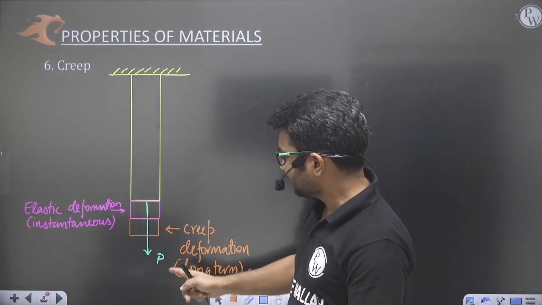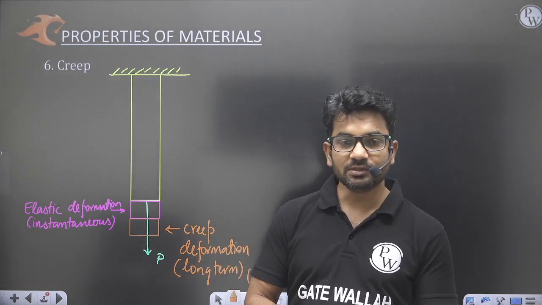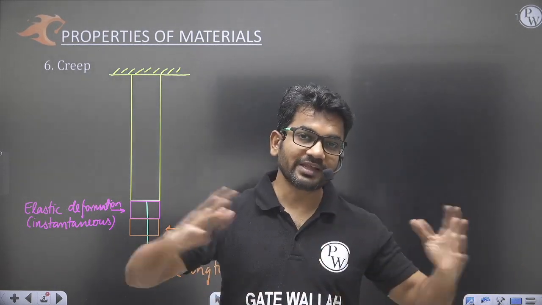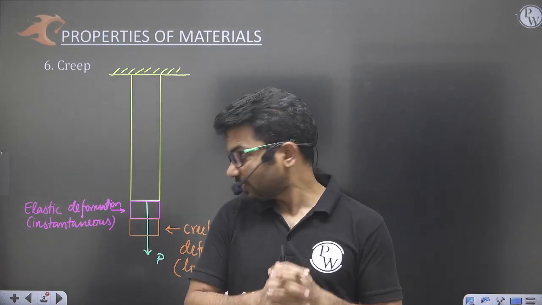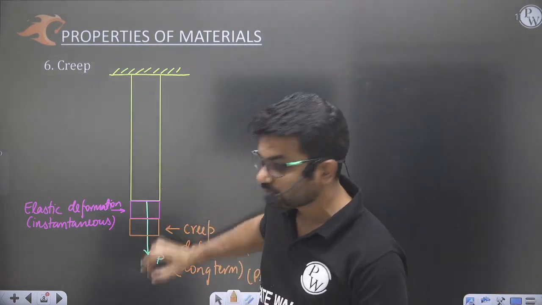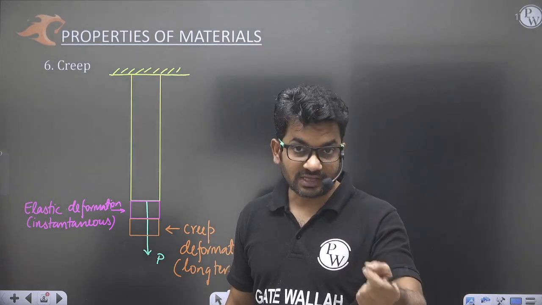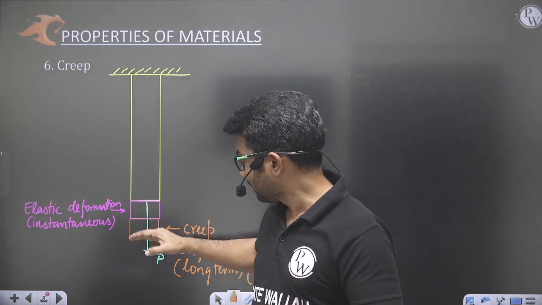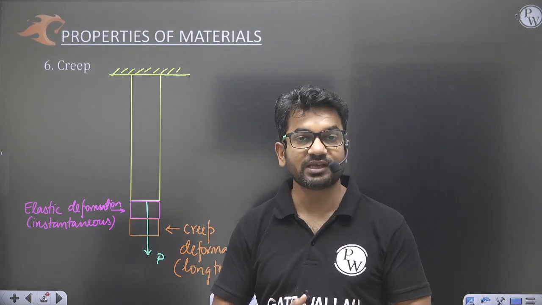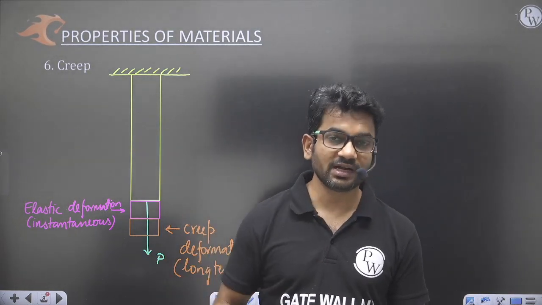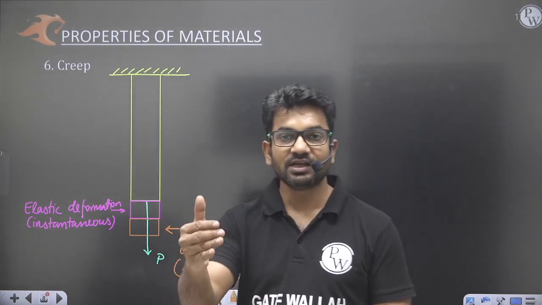So why is it necessary to consider creep deformation? Because in civil engineering, structures are loaded for a very long period of time, and if we consider only elastic deformation, then we might not be safe. Some extra deformation might also happen, and because of that, serviceability criteria might get affected in the long term.